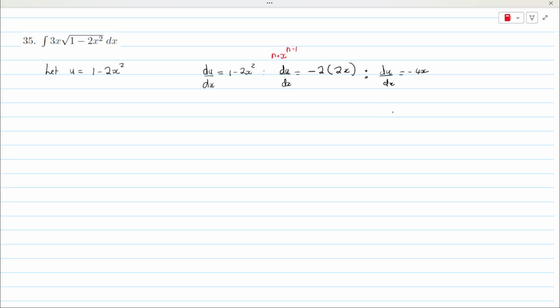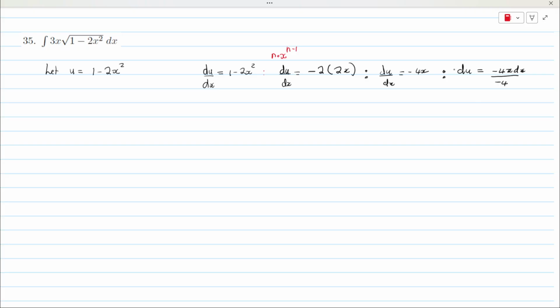Now I want to separate the du and the dx, so I'm going to rewrite this by cross multiplication. This becomes du is equal to negative 4x dx. Now I have my du separate from the x dx. Then I will remove the negative 4, so divide by negative 4.